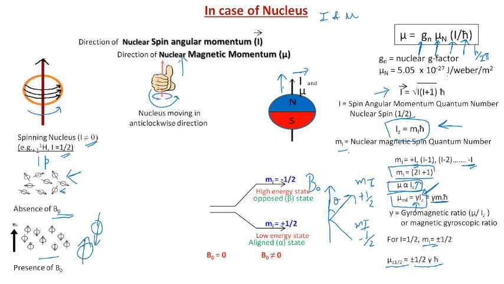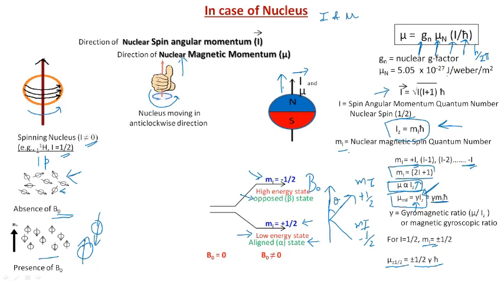This is the aligned state corresponding to m equal to plus half, when our applied magnetic field is non-zero, and this is also known as the low energy state. However, the state opposite to the applied magnetic field, which is also represented by beta, is a high energy state, and that corresponds to m equal to minus 1 by 2.